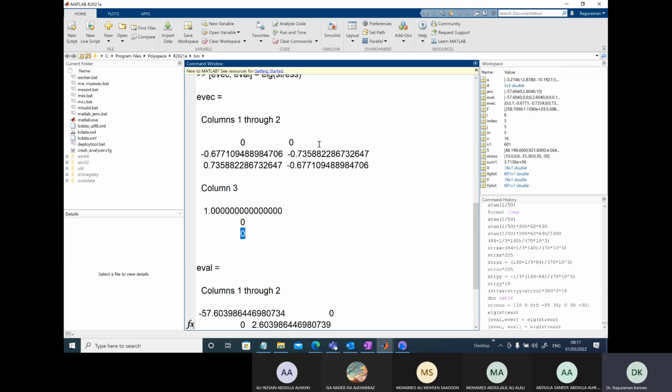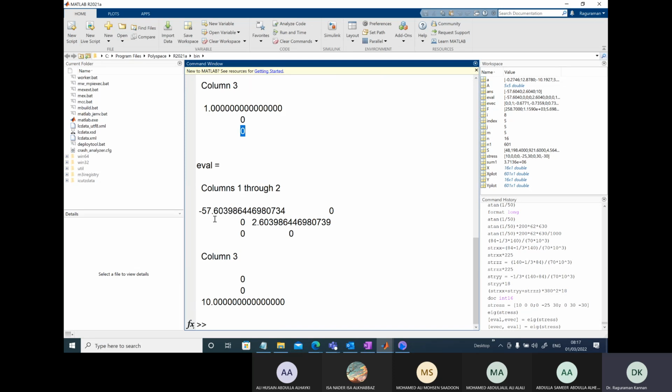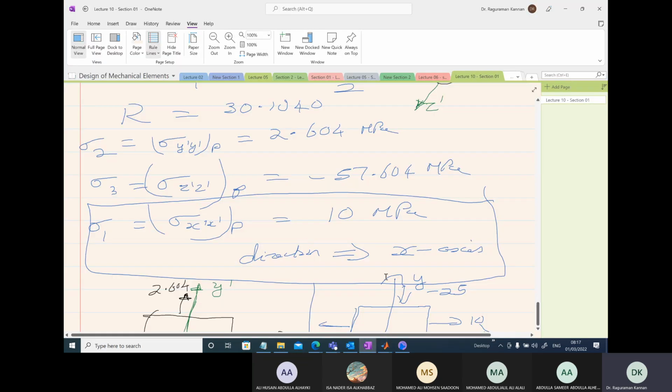The other two principal directions are given by these two vectors. Corresponding to minus 57, in which direction does it act? 0i minus 0.67j plus 0.73k. So that is the direction in which the principal stress is acting. And we can get the angles corresponding to the direction from the solution here.